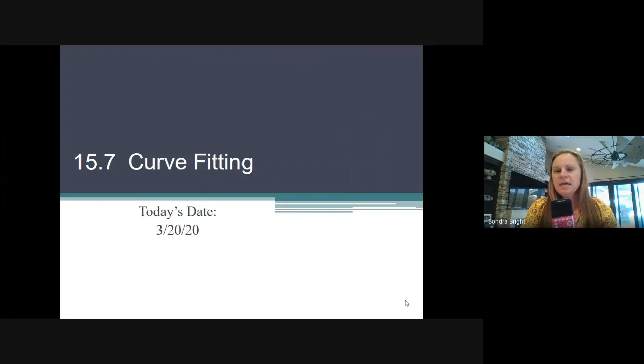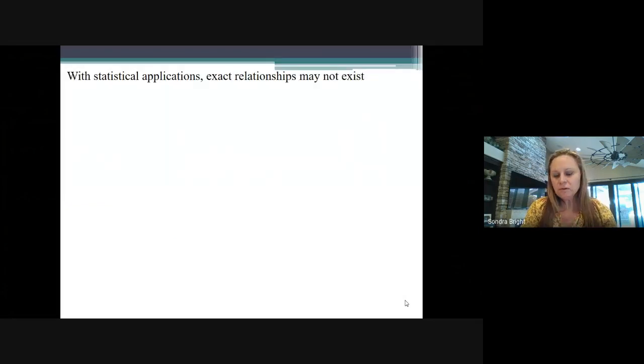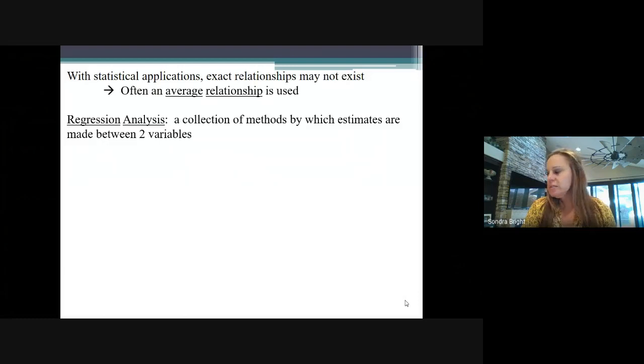All right, so with statistical applications, exact relationships may not exist. Often an average relationship is used. Regression analysis is what we call a collection of methods by which estimates are made between two variables.